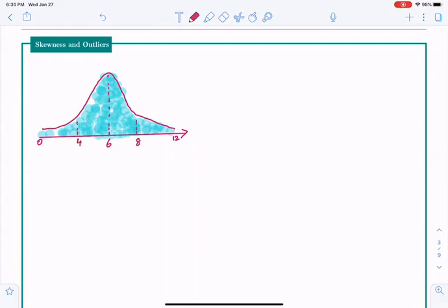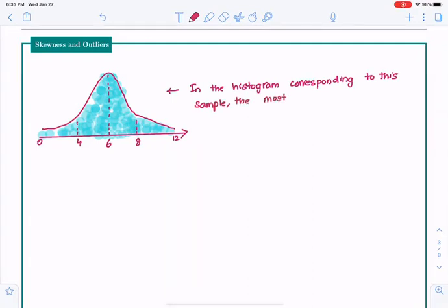So in the histogram corresponding to this sample, I'm saying about 6 because when we construct a histogram, there is always that class width that we need to focus on.